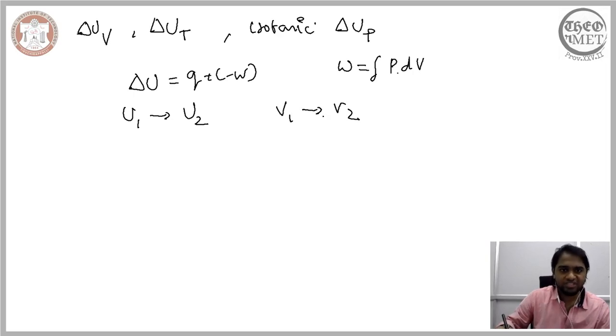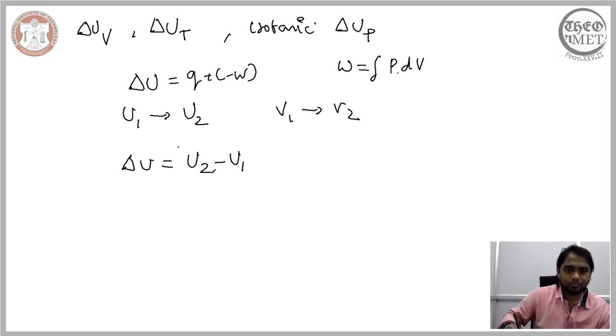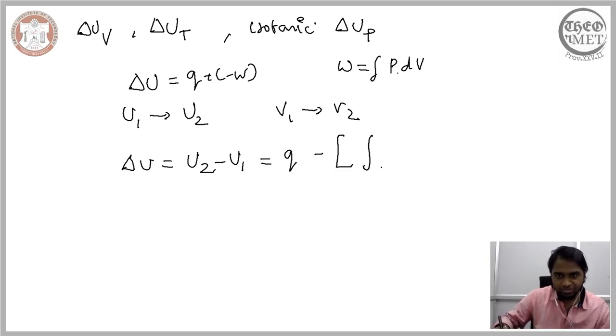Now in such a case, delta U, which is nothing but U2 minus U1, again a state variable, can be expressed as Q plus, or rather we will consider the minus here, the integration from V1 to V2 of P dV.